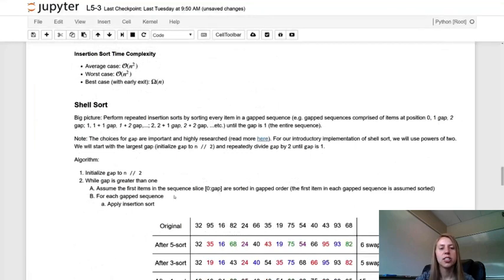Now, shell sort is an interesting algorithm. The big picture of shell sort is to perform repeated insertion sorts by sorting every item in a gapped sequence until the gap is 1.